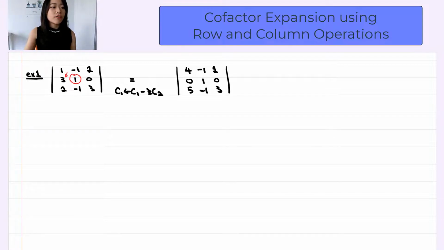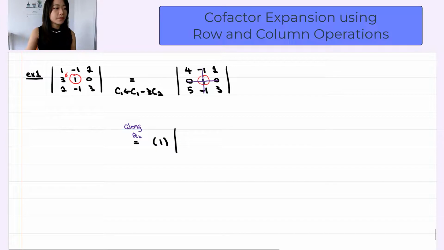Then I can use the cofactor expansion along row 2. The only non-zero entry is the 1. So if I do cofactor expansion, the 1 is in the second row and second column. So its cofactor will have a sign of positive, since 2 plus 2 is an even number. So I have the entry 1 times positive the determinant of the minor matrix obtained by deleting the second row and second column.